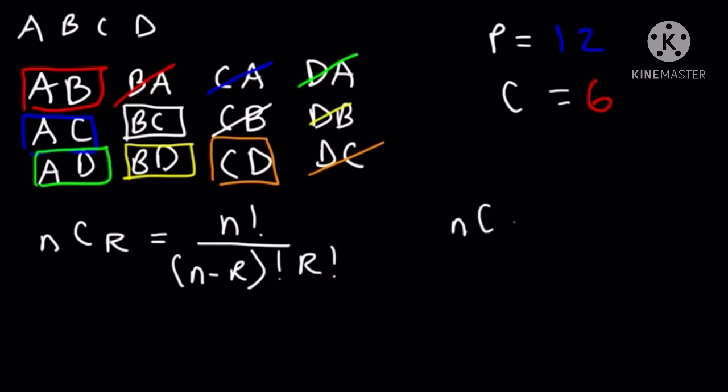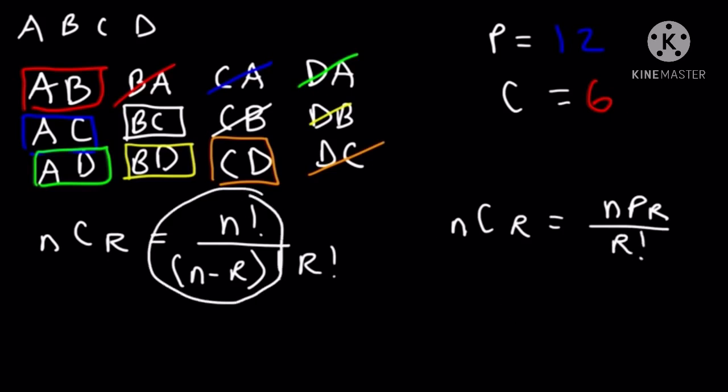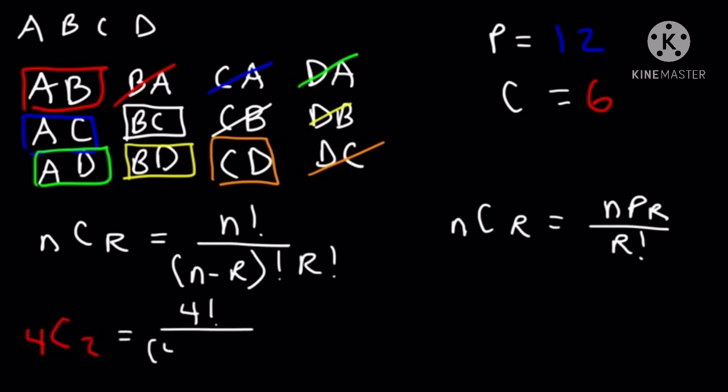So, basically, a combination is equal to nPr divided by r factorial. This portion right here is nPr, divided by r factorial. So, we have 4C2 in this example. So, n is 4 and r is 2.